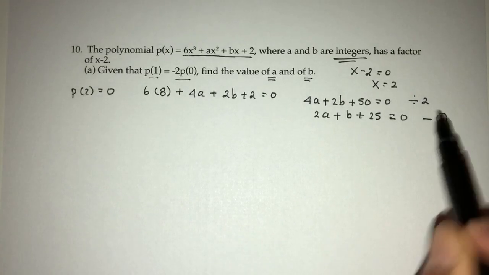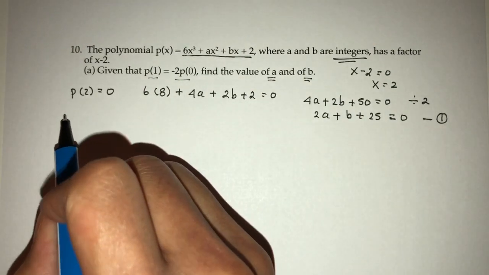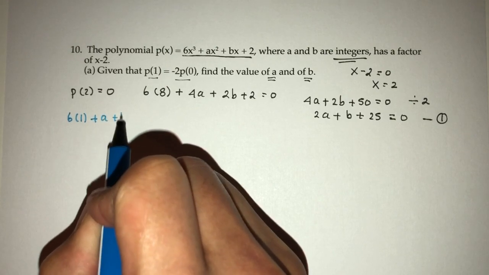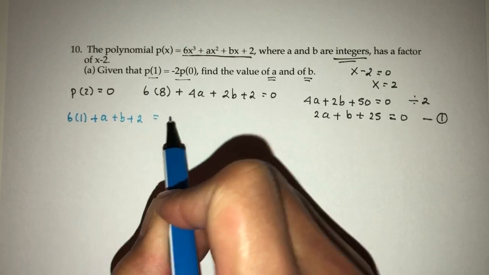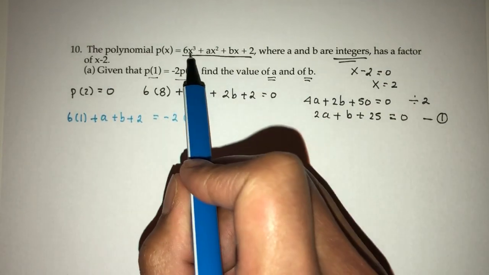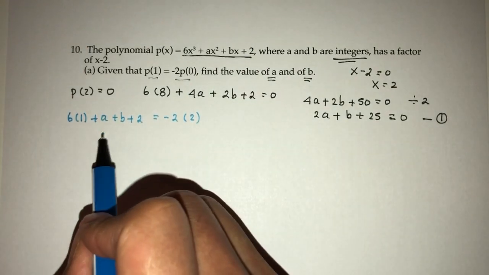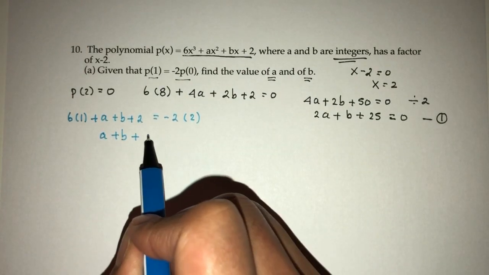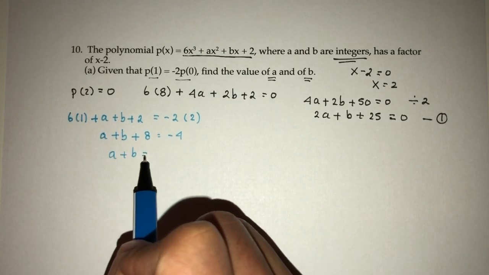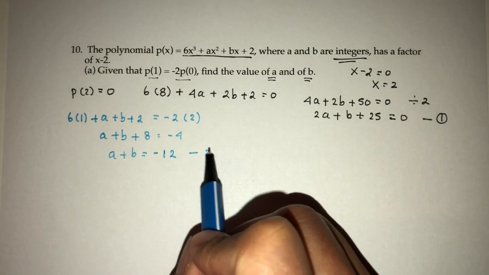That is your first equation. Now next one, we have this one. P of 1 is what? 6 times 1 plus a plus b plus 2 equal to minus 2 of p of 0, which will be 2. Right, because put 0 here, everything becomes 0, then we have 2 remaining. So you will have a plus b plus 8 equal to minus 4. A plus b equal to minus 12. That is your equation number 2.